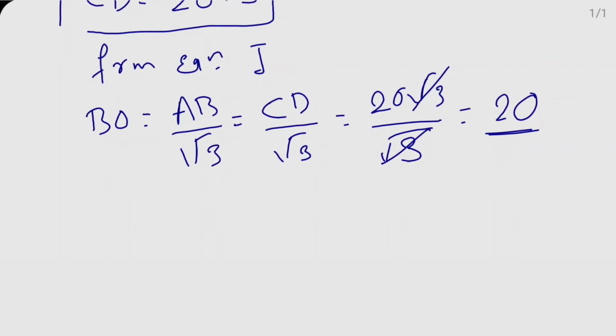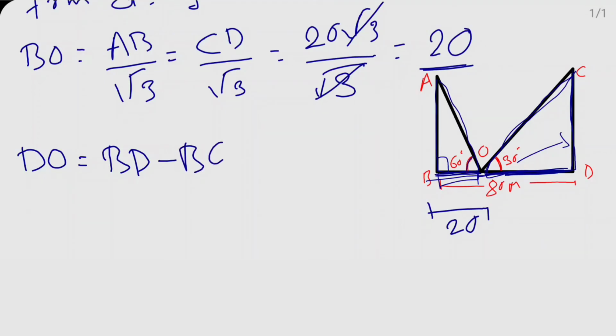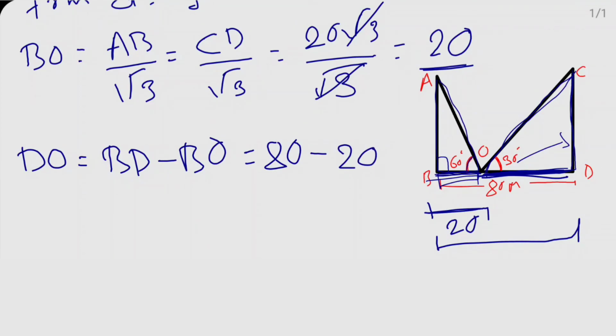And now, look at the figure. Here we have OB, that is 20 meter. And here we want to find out DO. DO equal to BD minus BO. Here BD minus BO is DO, right? So this equal to BD is 80 meter, they only given, and OB is 20 meter, just we found out that one. So 80 minus 20 is 60 meter. So this distance is 60 meter.